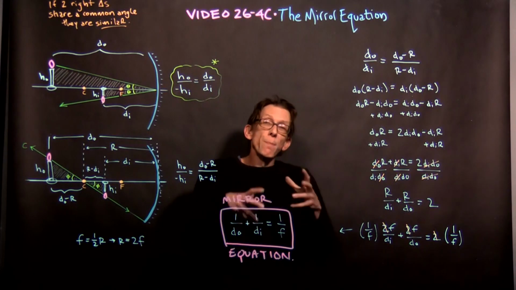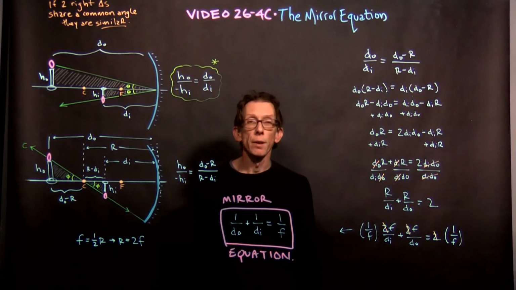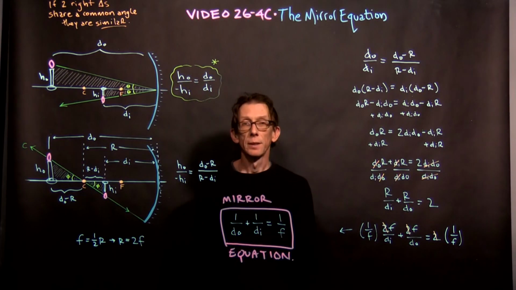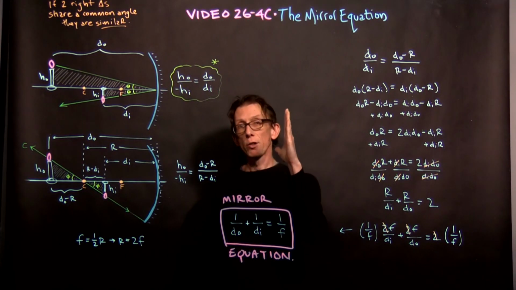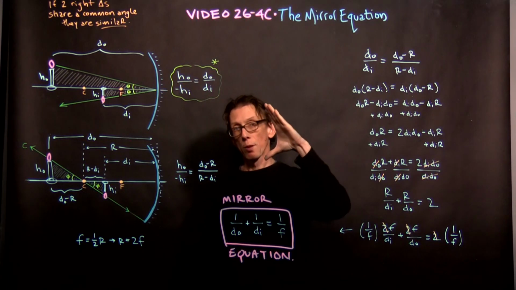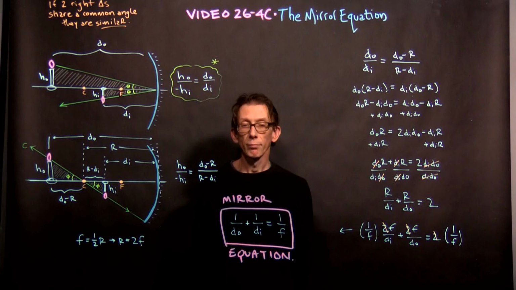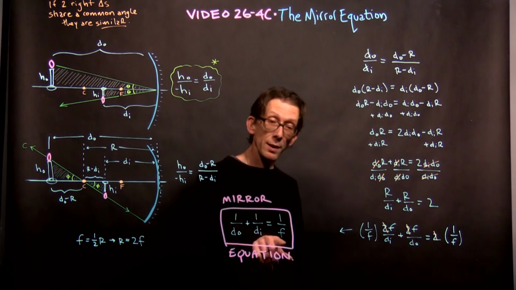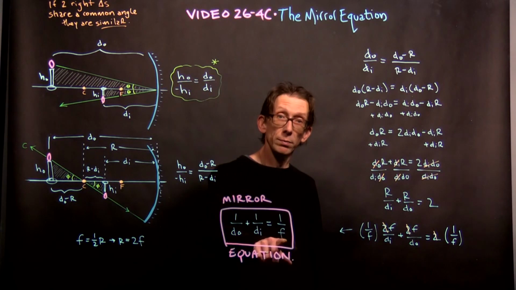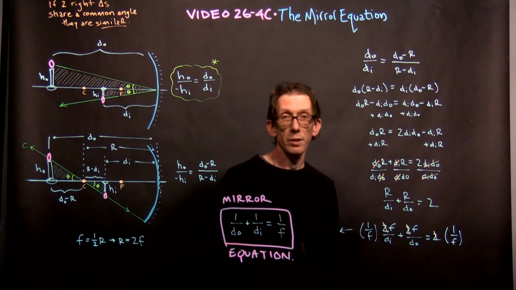Remember, the focal length basically tells you how curved the mirror is, how tightly curved it is. The flatter the mirror is, the larger the focal length. The more it's rounded like this, the smaller the focal length. So it connects the geometry of the mirror through f with the object and image distances.